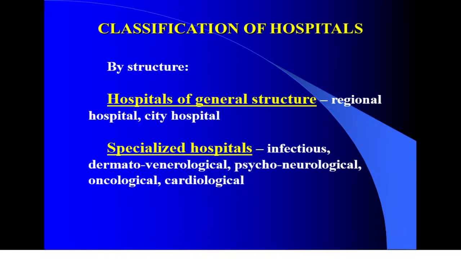Classification of hospitals. There may be different kinds of hospitals. By structure, hospitals are divided into general structure, regional hospital, city hospital. These are our usual hospitals where many departments are located. And specialized hospitals, for example, infectious, dermatovenerological, psychoneurological, oncological, cardiological. What does specialized mean?